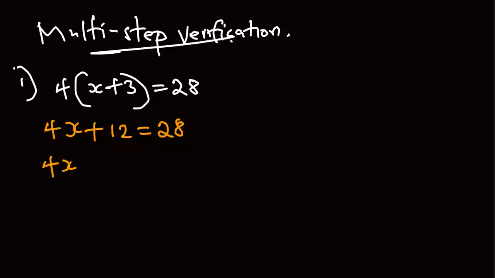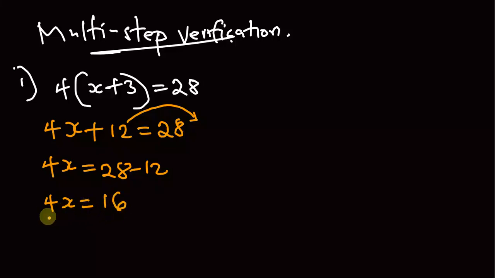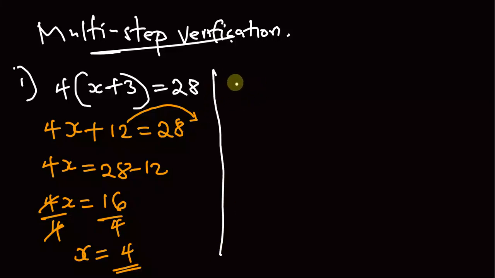So we will have 4x is equal to 28 minus 12. 12 will change sign. Therefore, 4x is equal to 28 minus 12, which is 16. To get the value of x, we divide both sides by 4, so that we will have x as 16 divided by 4, which is 4.